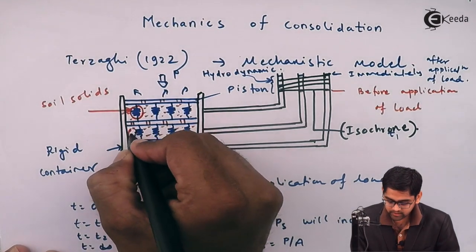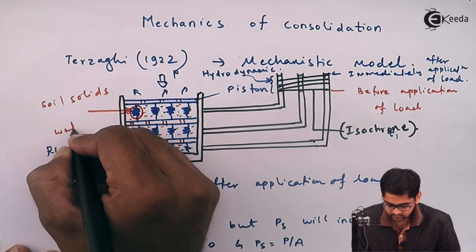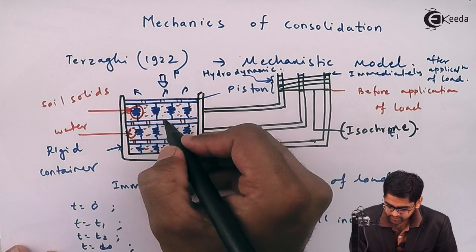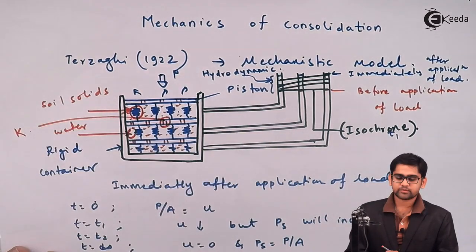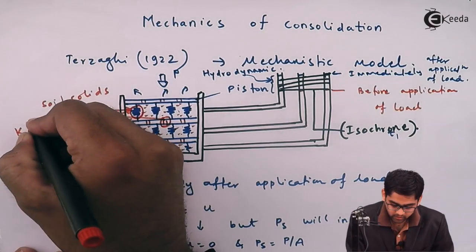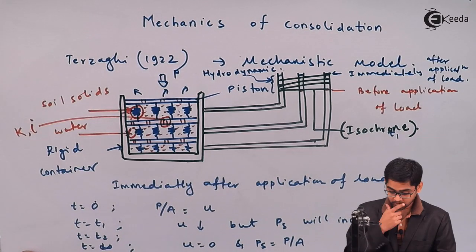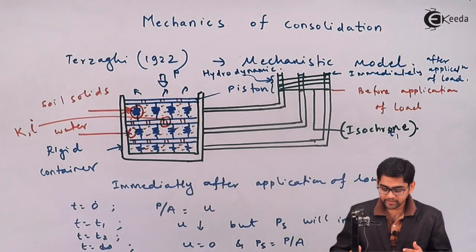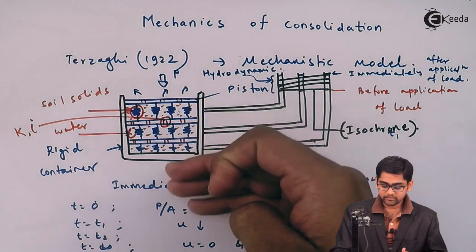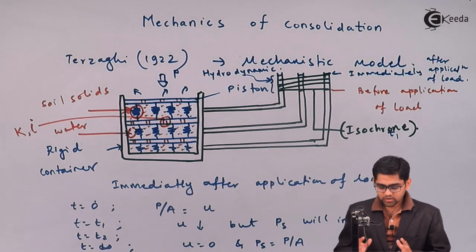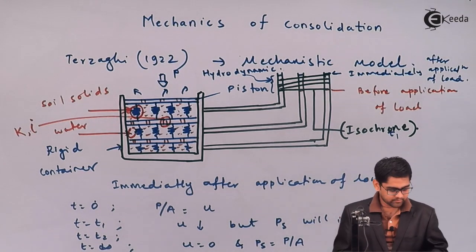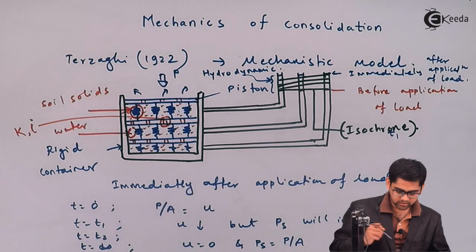The water represents the pore water. The perforations or the openings represent the coefficient of permeability of the soil, or I call it the hydraulic gradient of the soil, because these openings allow the exchange of water from one compartment to another. So this is the broader aspect of the consolidation.